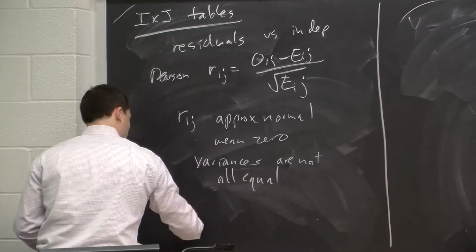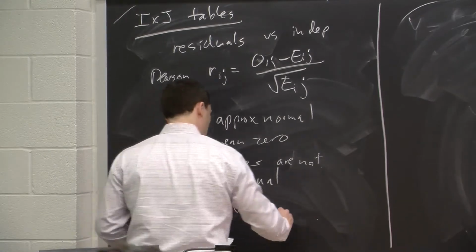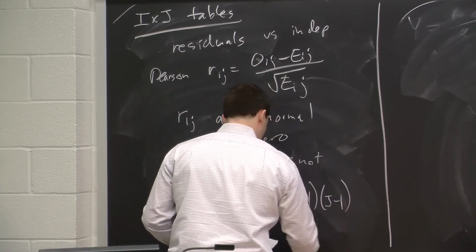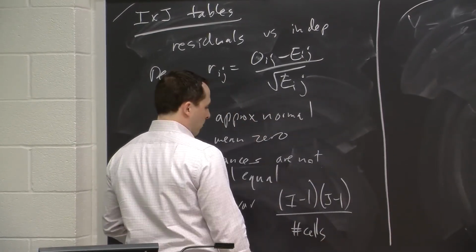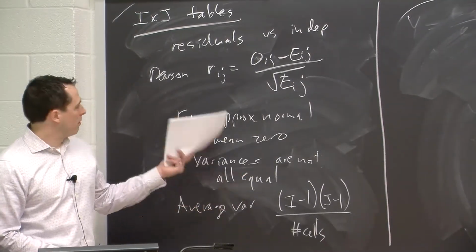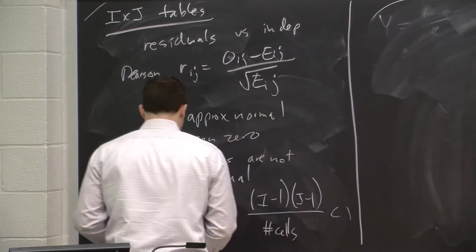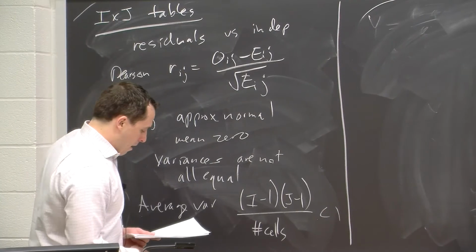What we can say is that the average variance is (I minus 1)(J minus 1) divided by the number of cells, because that's what we expect from the chi-squared. So the average variance should be 1 or so, a little bit less than 1.